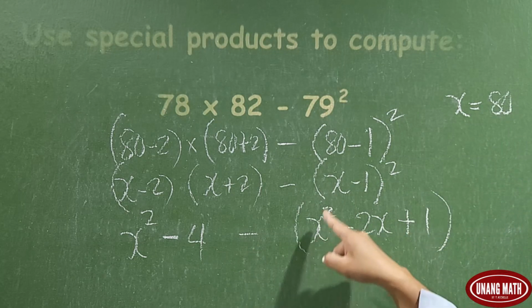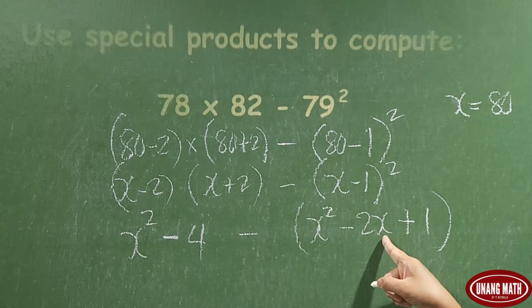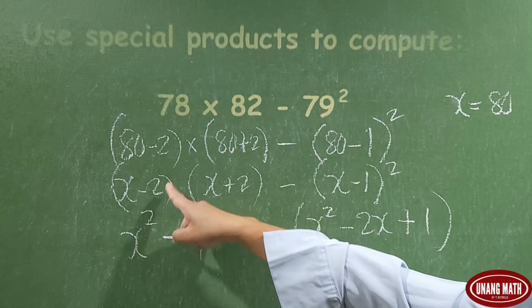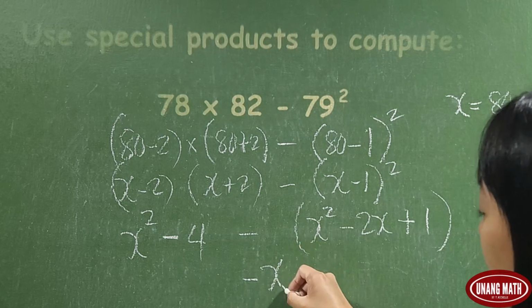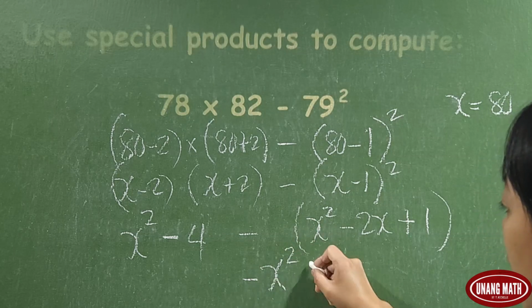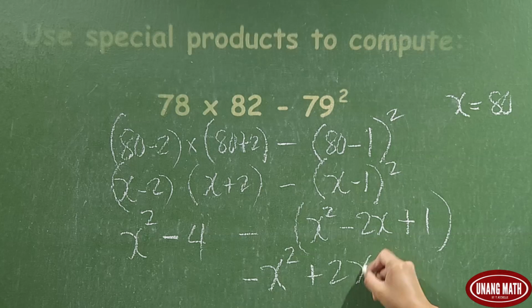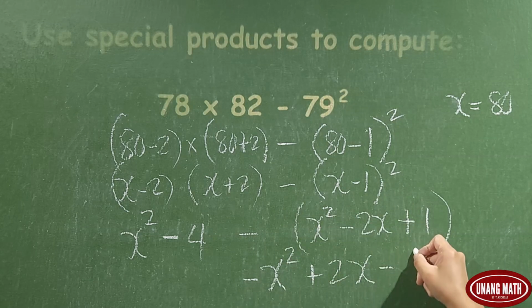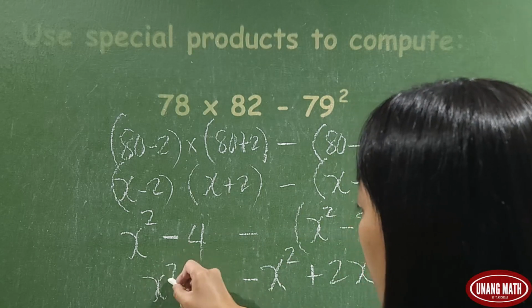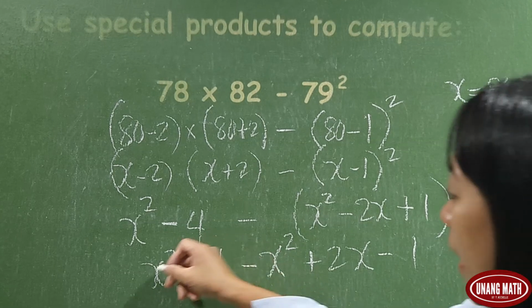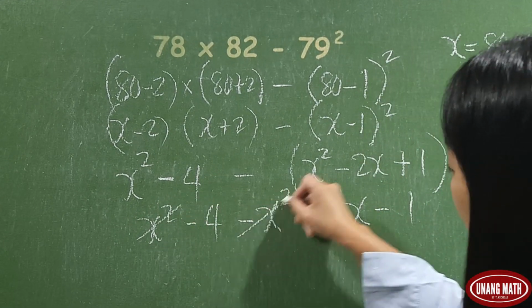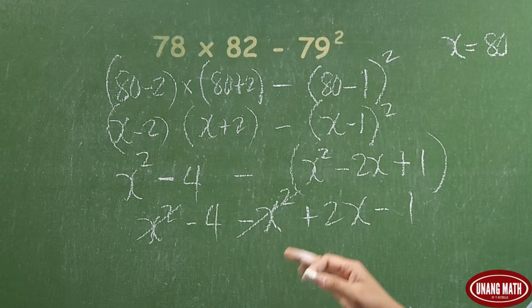So we will subtract x squared minus 2x plus 1 from x squared minus 4. So this is now x squared minus 4 minus x squared plus 2x minus 1. x squared and minus x squared will be cancelled.